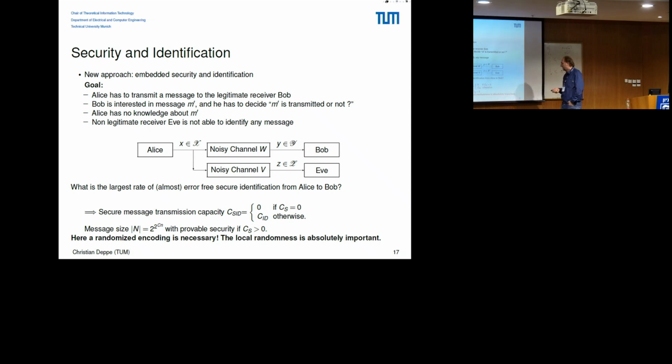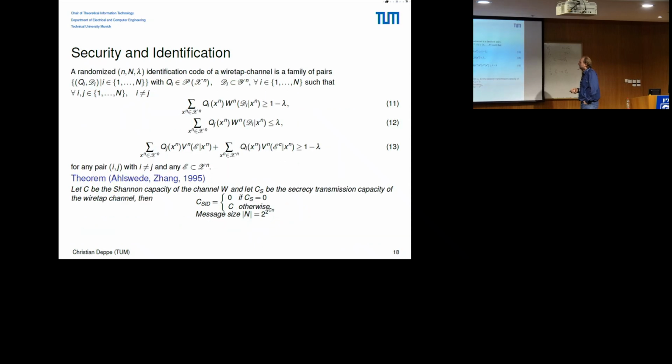So we have again the message size 2 to the C times n if the secure capacity is positive. Here you see we have again error of the first kind, error of the second kind, and the security is given by assuming that the error of the first kind of the eavesdropper plus the error of the second kind is near to 1.